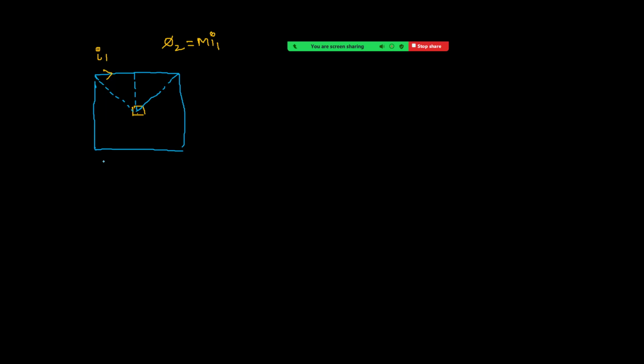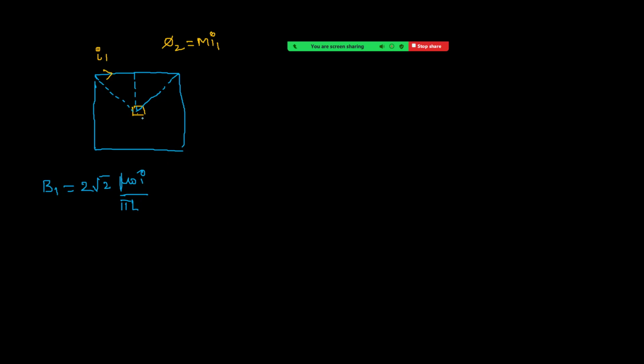And see the result we got: at center, field equal to 2 root 2 mu naught I upon pi L. So this is the result we got while discussing the strength of the magnetic field at the center of a square loop using Biot-Savart's law. Now I am using that result directly here.